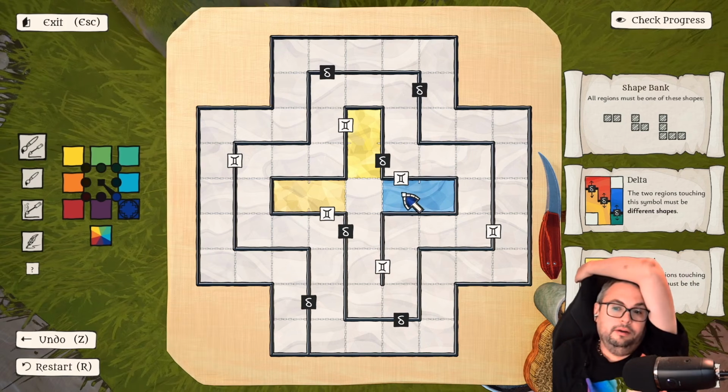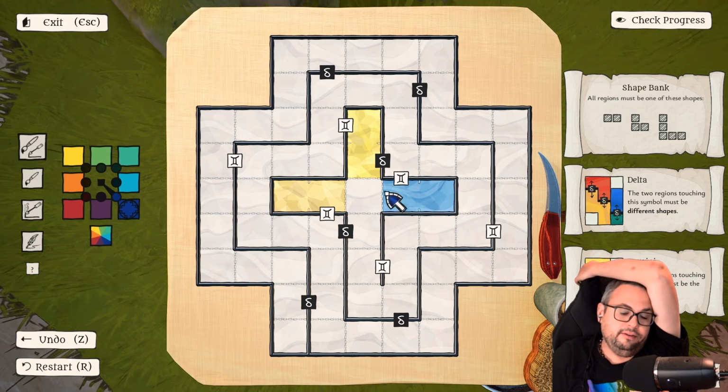In particular, one of these grows, and so one of these is a V. I don't know which one it is.